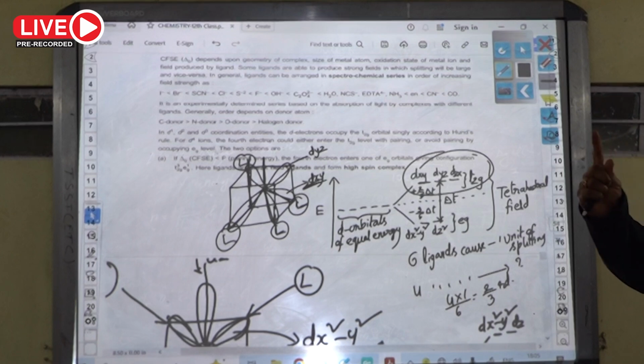So when 6 ligands cause 1 unit of splitting, 4 ligands will cause how much splitting? 4 into 1 by 6, that is 2/3 in terms of number.